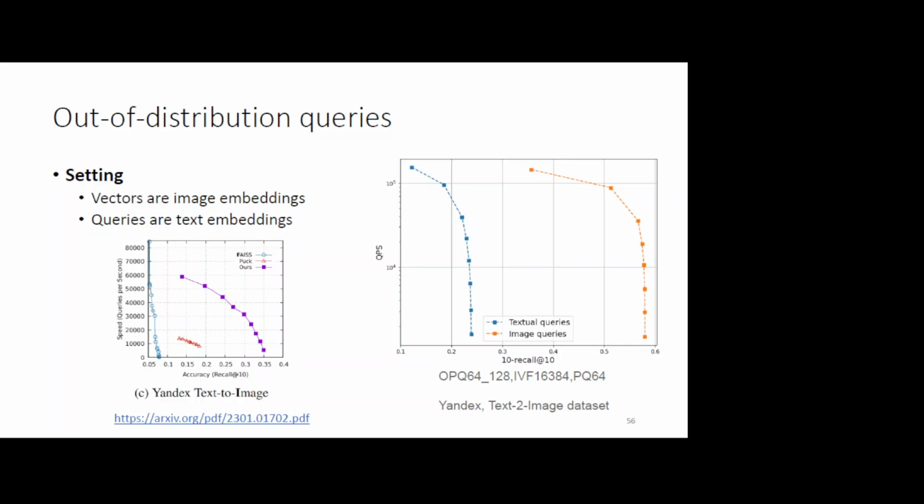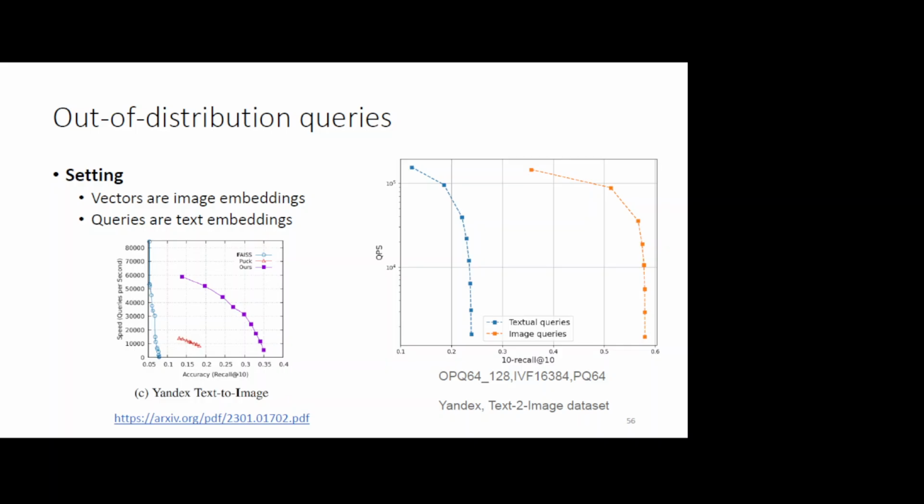Here, the vectors in your database are image embeddings, but your queries are text. So you know the database is images, so your database distribution will be totally different from your text query, right? So it's called out of distribution queries. So here is an example. You can see the performance here. Because your database is images, if you use images as your queries, your result is very good.